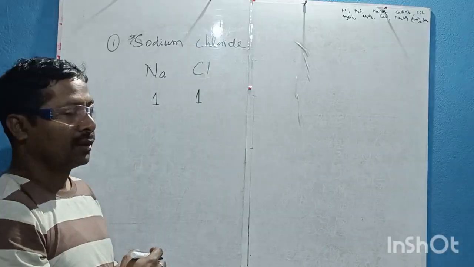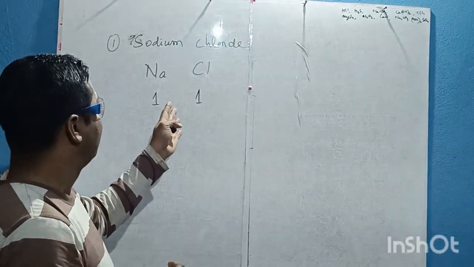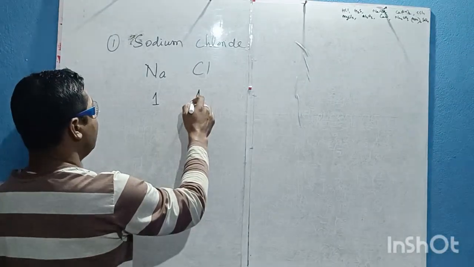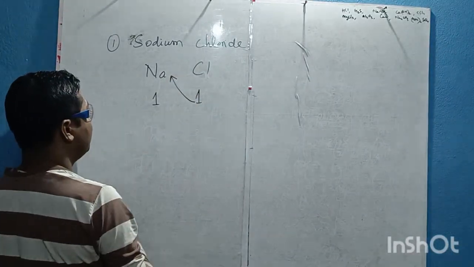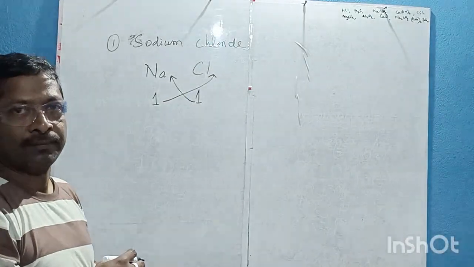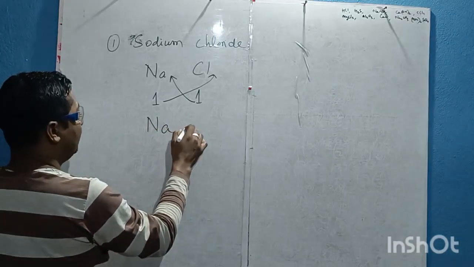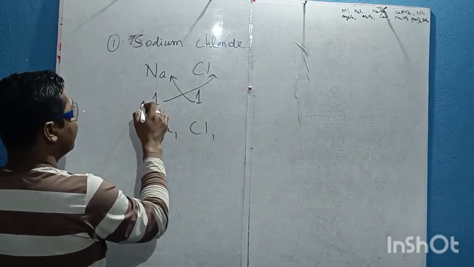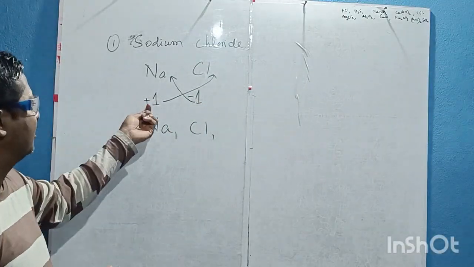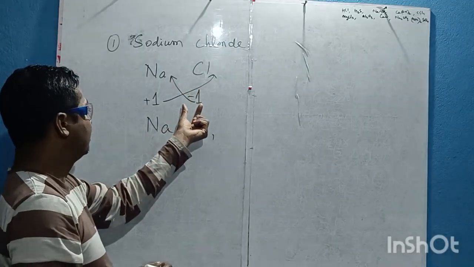The second step is to crisscross the valency between them. This valency will be written to the right of this, and this valency will be written to the right of this. So Na1Cl1. This is plus 1, this is minus 1: the charges, sodium ion is plus 1 and chloride ion is minus 1.